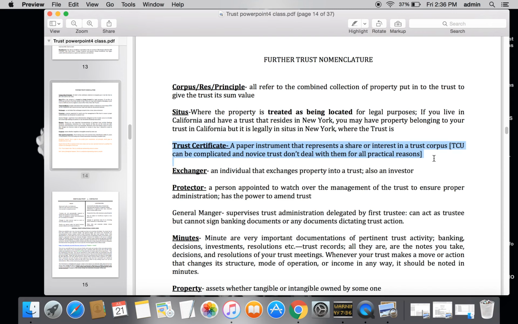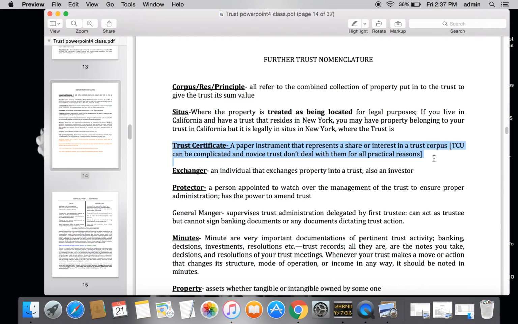Trust certificate. A trust certificate is a paper instrument that represents a share or interest in a trust corpus. All right. Now, TCUs, the trust certificate units, are another level of trust. Generally, with a statutory trust, you would not deal with that. You would only deal with trust certificate units when you have a lot of people exchanging property into the trust. Your trust has a vast amount of money. I mean, with a couple of grand, you won't be dealing in TCUs, not generally, unless you're just doing it for practice.